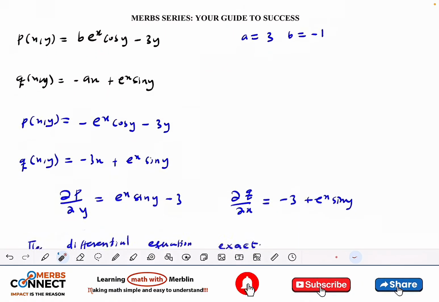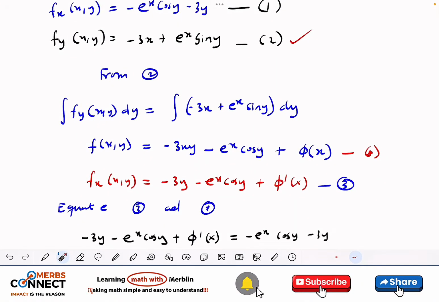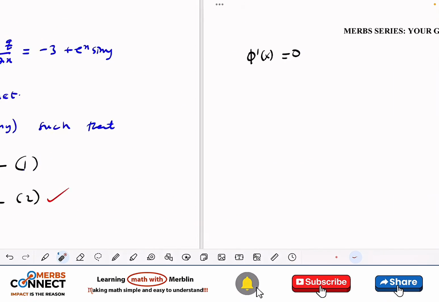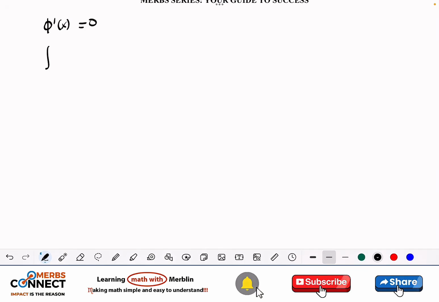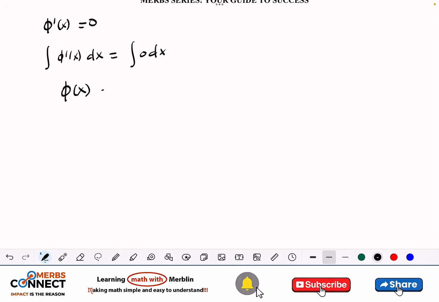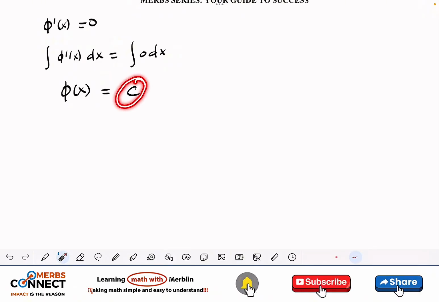So now since from equation star we need phi of x, then we need to integrate this. So integrating phi prime of x dx is equal to integrating 0 dx. This is going to give us phi of x, and when I integrate 0, I get 0, but I need to add a constant because we know that when we differentiate a constant, we get 0.